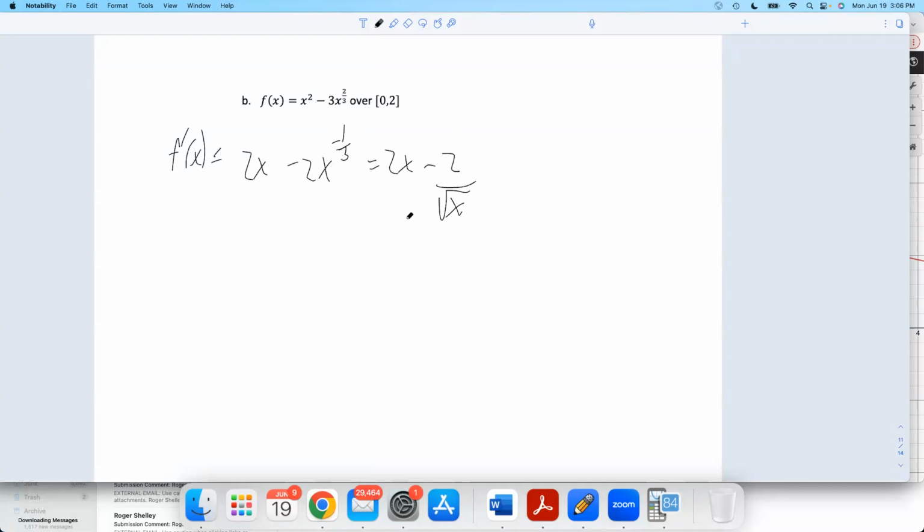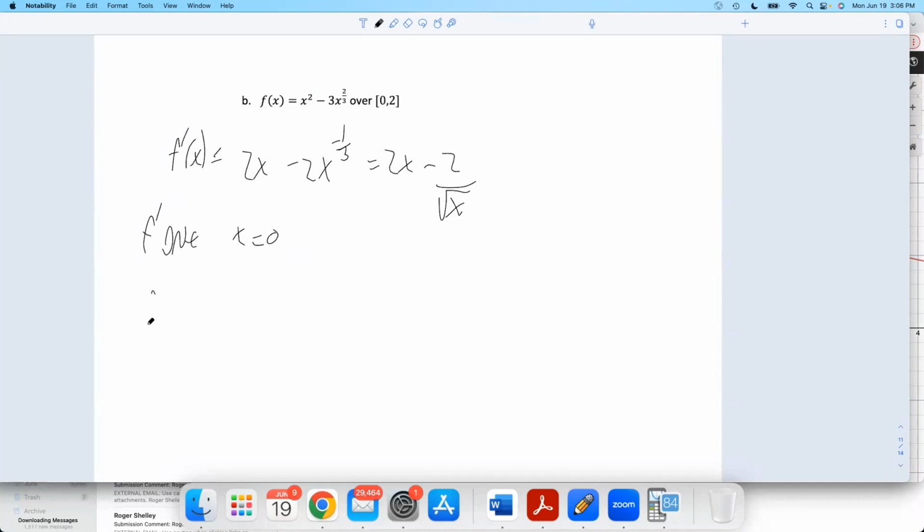This guy is undefined at 0. So f prime does not exist at x equals 0. You can't take this of 0. So that's going to be a critical point.